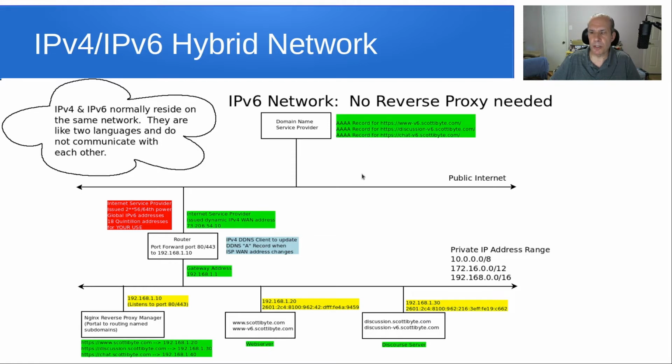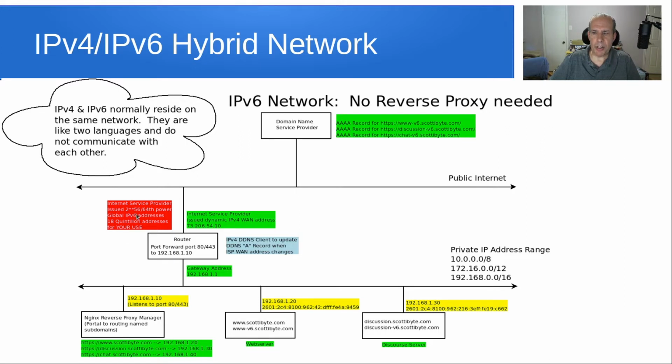Now, down here, right above the router, we've got your IPv4 WAN address, which in this case was 73.206.54.10. Over here in red, though, I have the Internet Service Provider issued IPv6 global address range.